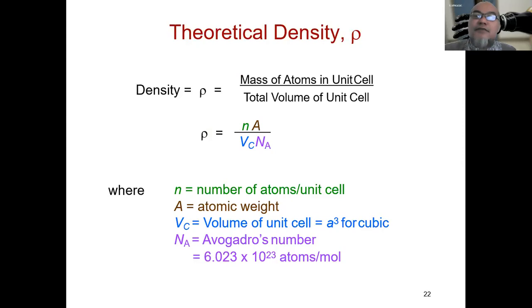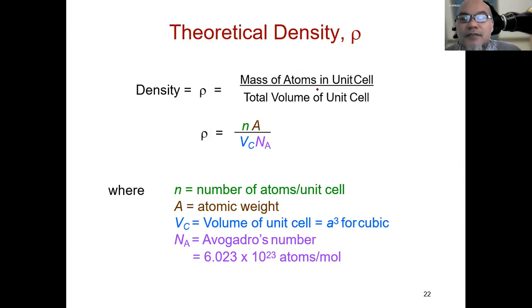From this crystalline structure, we can also calculate the theoretical density of that particular solid. The density is defined in physics also, but in material science, we define it per unit cell: the mass of the atoms in a single unit cell divided by the total volume of the unit cell.